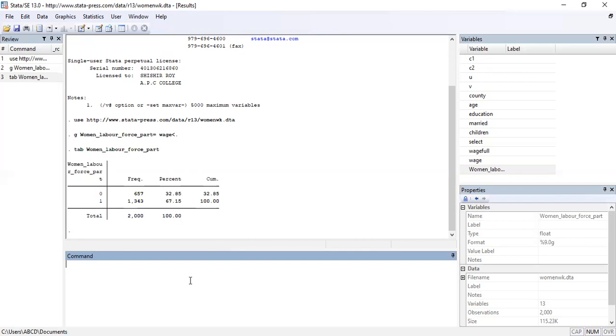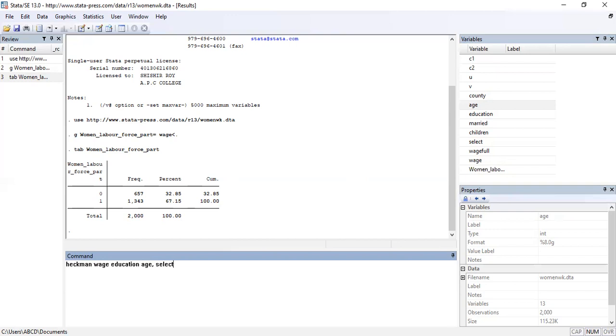So the women labor force participation variable is a dummy variable, and we will focus on the selection or Heckman selection model. To run the Heckman selection model, we will use the command heckman, and then write our dependent variable y, that is wage, and then education, to understand the impact of education on wages. Then after the comma, select.